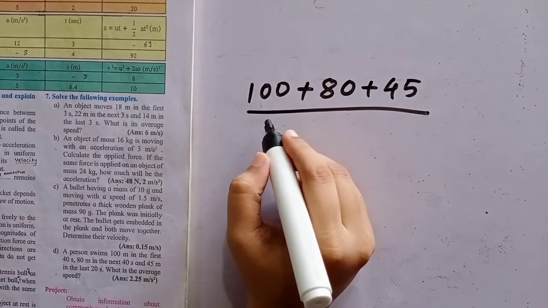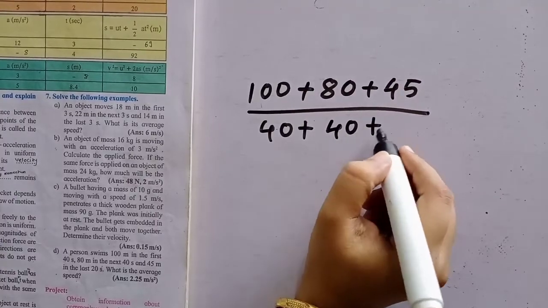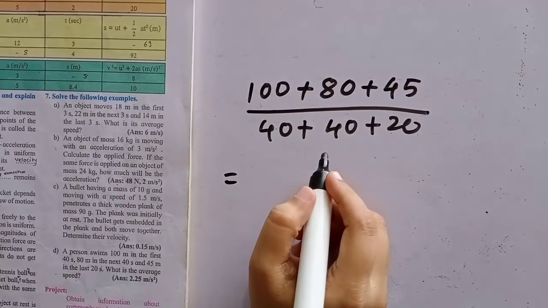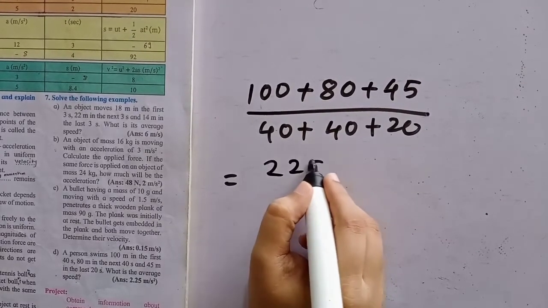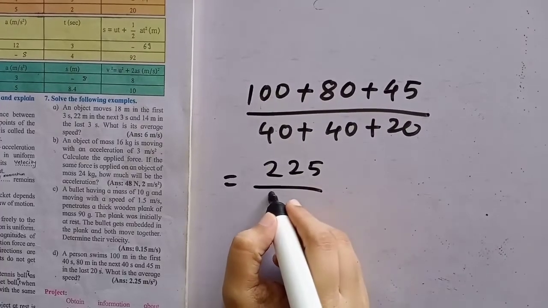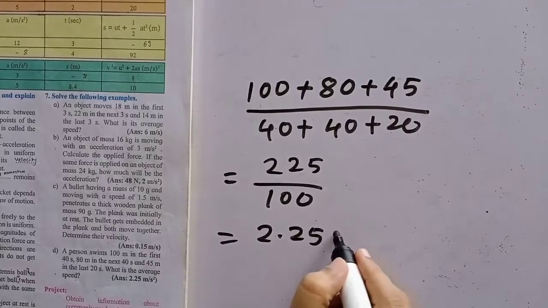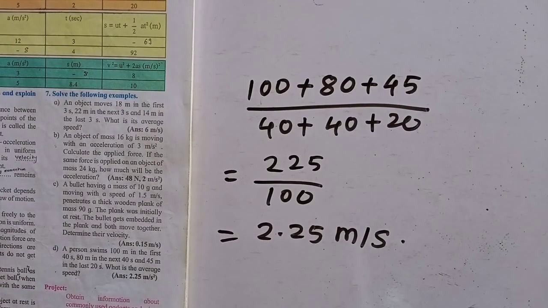And the time required is 40 seconds plus 40 seconds plus 20 seconds. So what will be the answer? 100 plus 80 plus 45 is 225 upon 100. So 2.25 meter per second is the average speed.